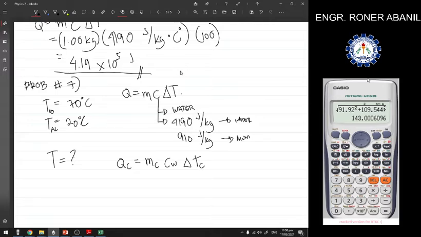Yung heat naman ng aluminum cup is mass ng aluminum, tapos C ng aluminum, change of temperature ng aluminum.